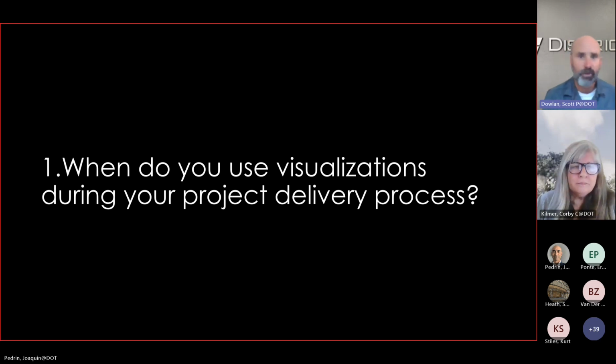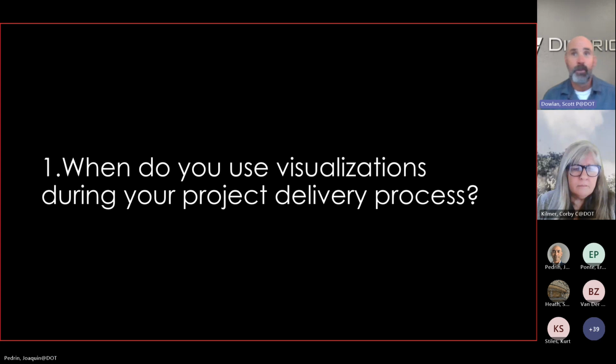During the project approval and environmental document phase, we've talked about using visual communication to help with environmental clearance and agency approvals, through really transparent disclosure of project impacts. We use visual communications for public hearing presentations and displays for project acceptance.